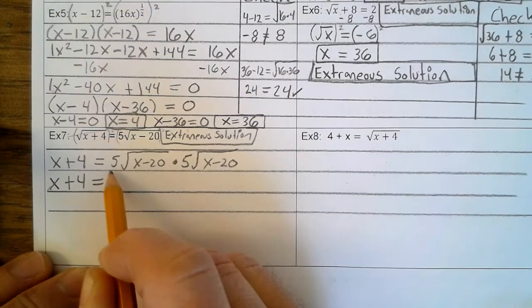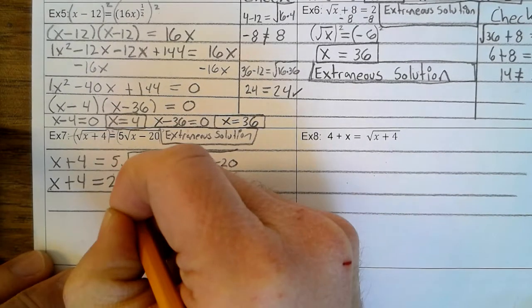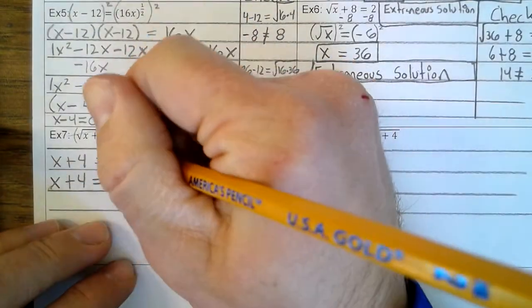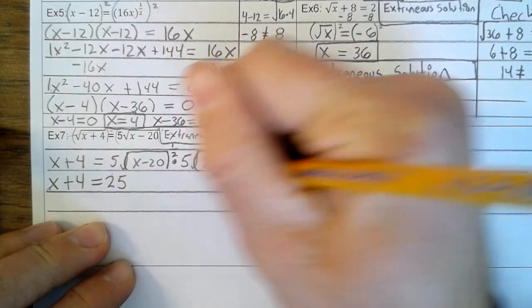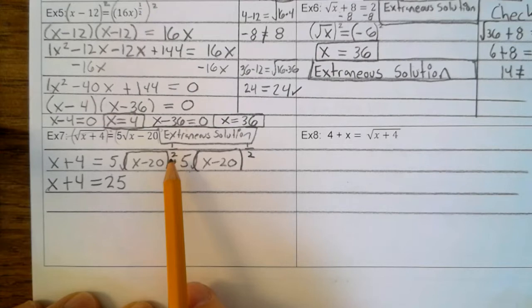Now, when you multiply these, there's another way to think about this. This is actually to the power of 1/2, and this is to the power of 1/2. When you multiply exponents with the same base, you add them, so 1/2 plus 1/2 is 1, so this just becomes x minus 20.